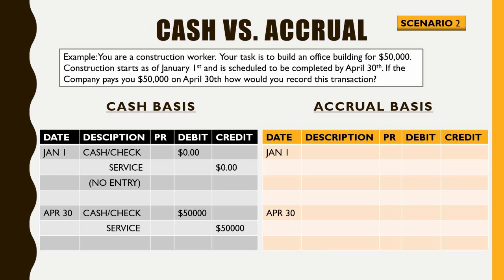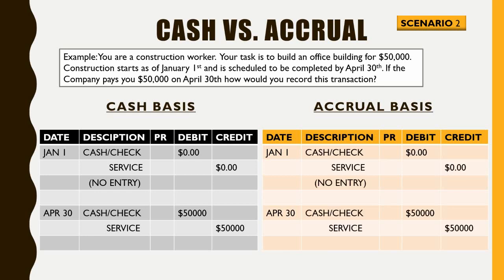Under an accrual basis, January, same thing. You're not going to record anything because the service hasn't been completed yet. So you can't recognize it no matter what. Until April, you're going to record it even though, yes, you received cash for it. You're going to record that you earned the sale.